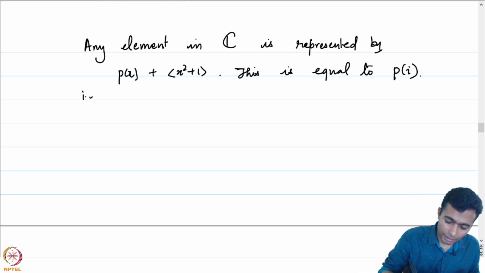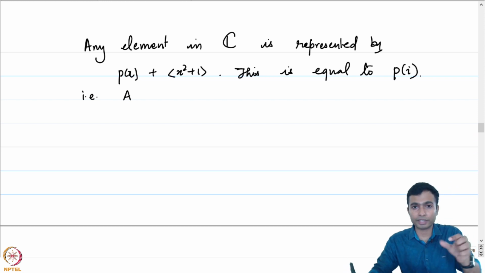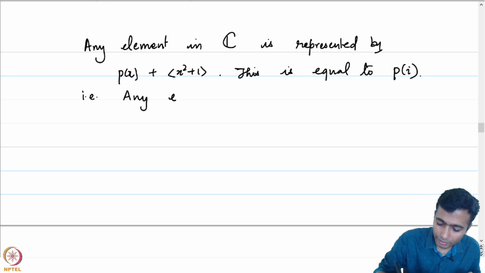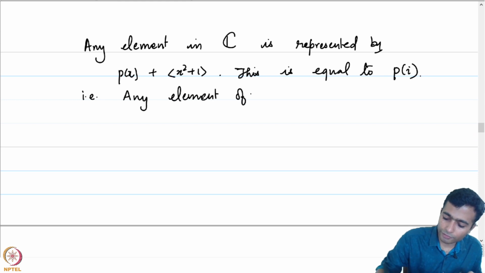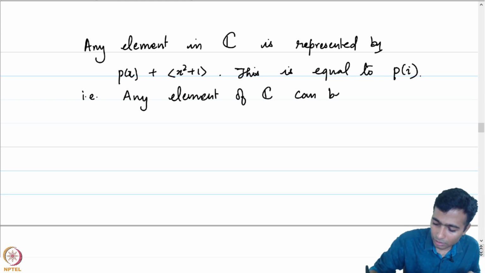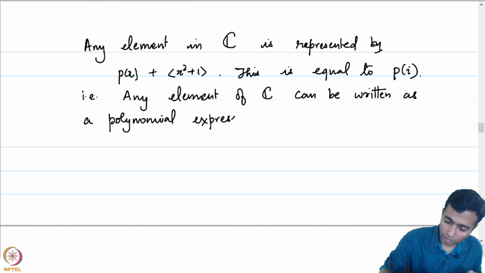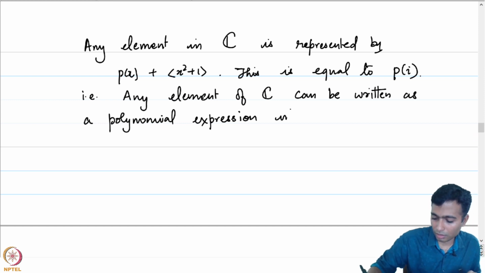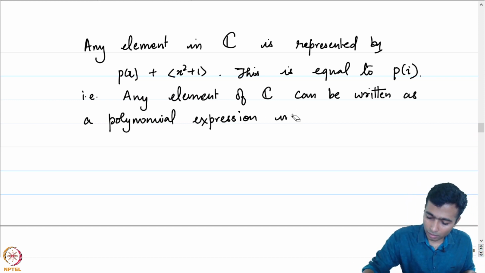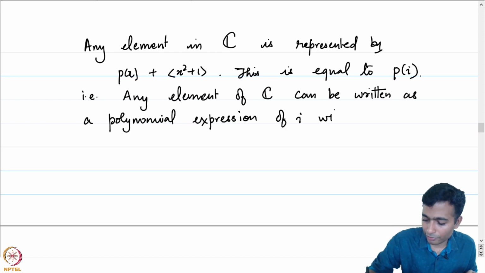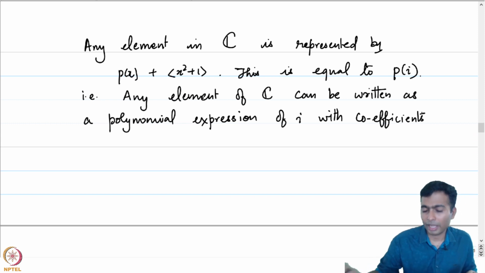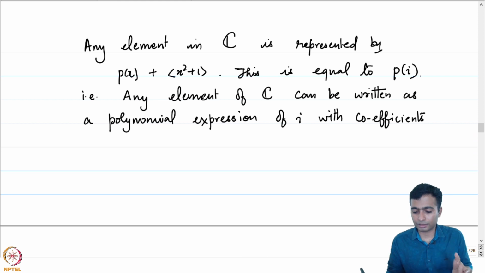That means any element of C can be written as a polynomial expression in I with coefficients in R. But what can we say about any field of C which contains R and I?